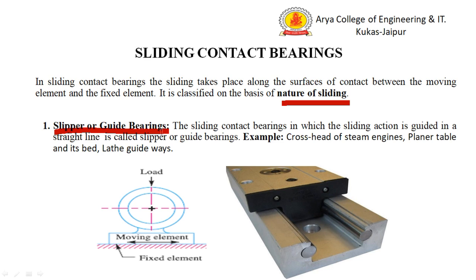In this sliding contact bearing, the sliding takes place in a straight line. As shown in figure, this is the moving element and this is the fixed element. In this, the moving element can move to right or left in a straight line. So this is the example of the slipper or guide bearing. This is another example of the lathe guideways.